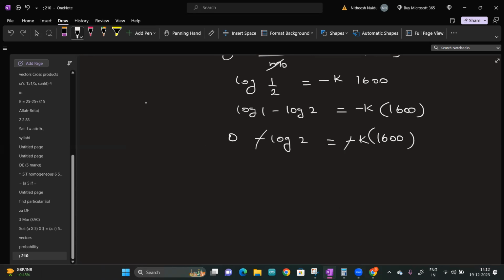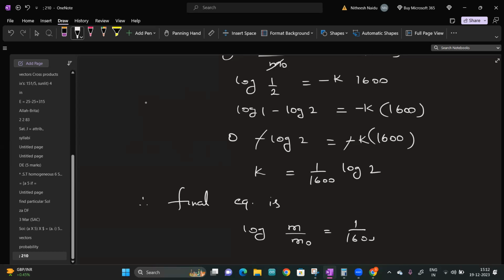The minus signs cancel, so K is equal to 1 by 1600 into log 2. Therefore the final equation is log M by M naught is equal to 1 by 1600 into log 2 into T. This is the final equation we got.